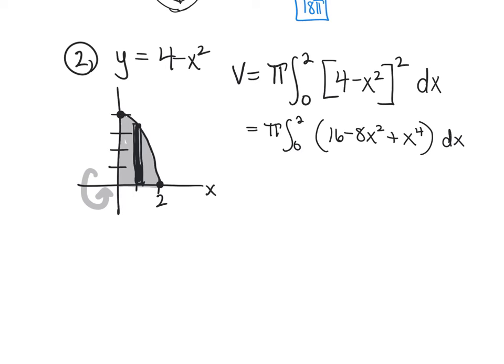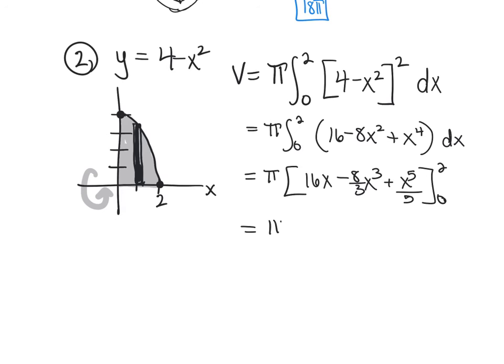I don't have to worry about u-substitution and all that stuff. Since we have a polynomial, this will be pretty easy. So I already FOILed it. Go ahead and do your power rule, and evaluate at 2. And what you should get is 256/15 pi.